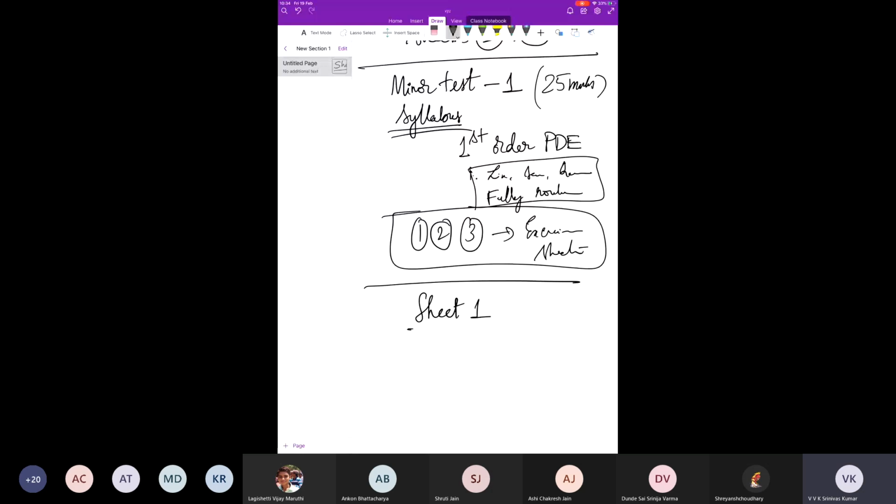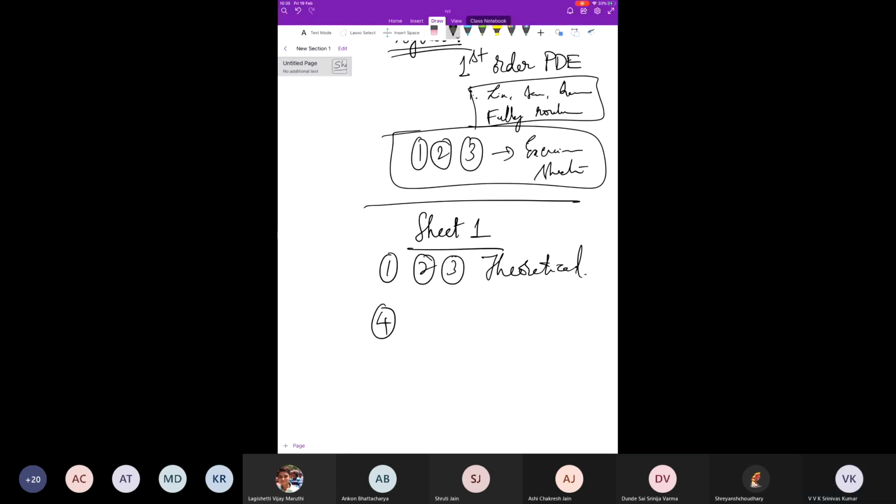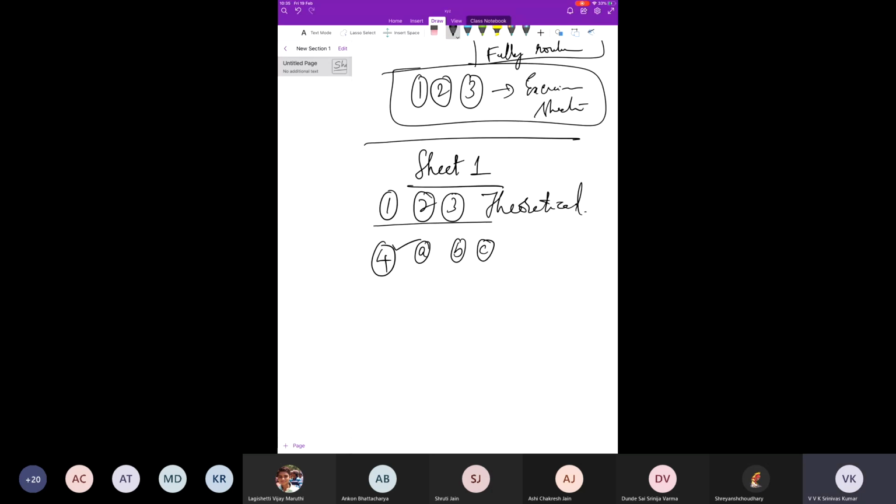Problems 1, 2, 3 are theoretical, on the method of characteristics. Problem 4 has 3 parts: A, B, C. I will solve the 3 problems in the next class.